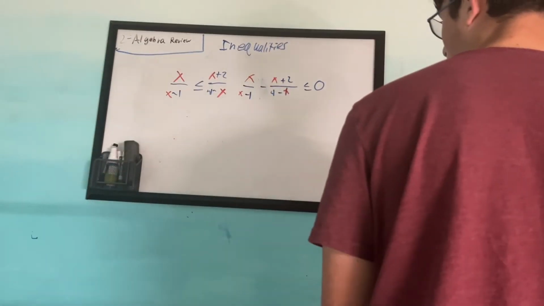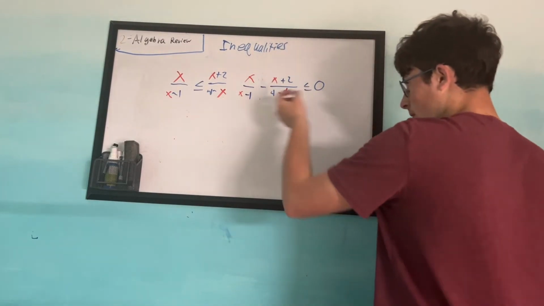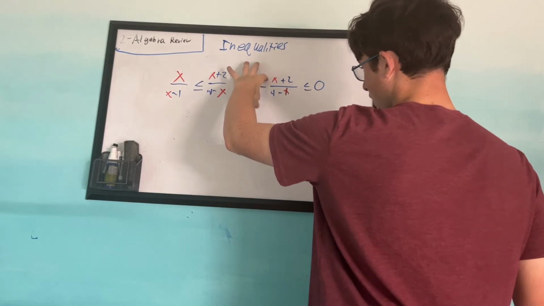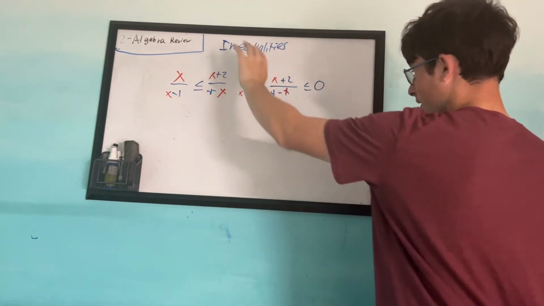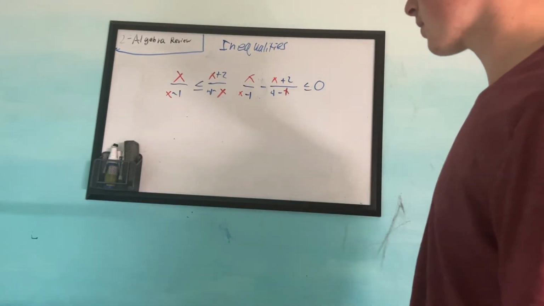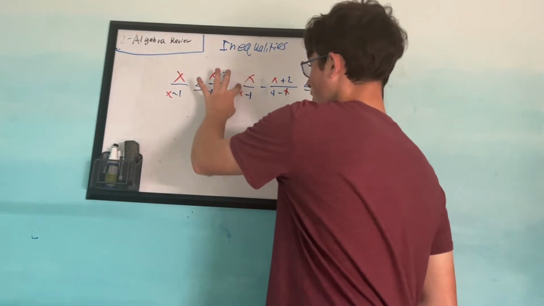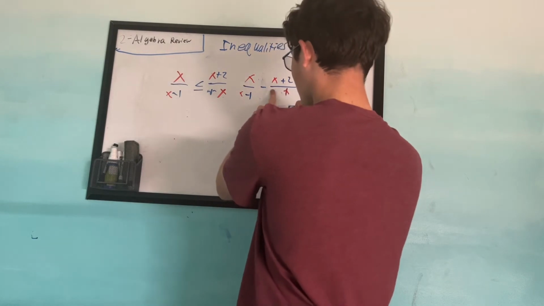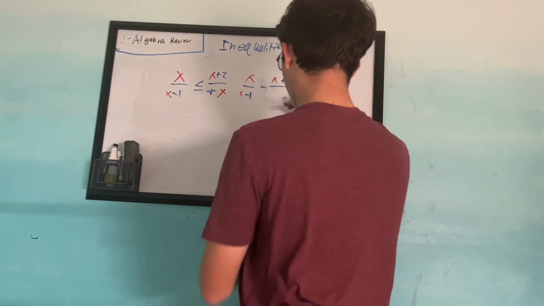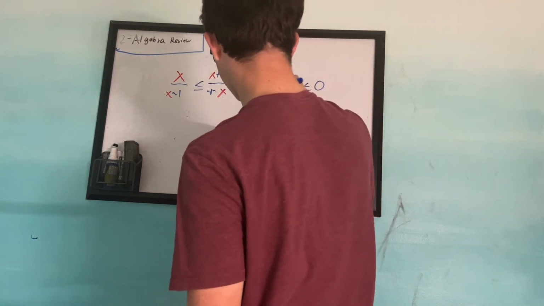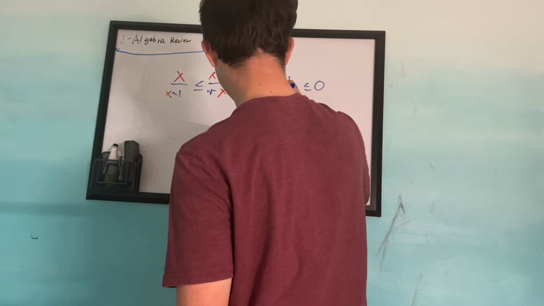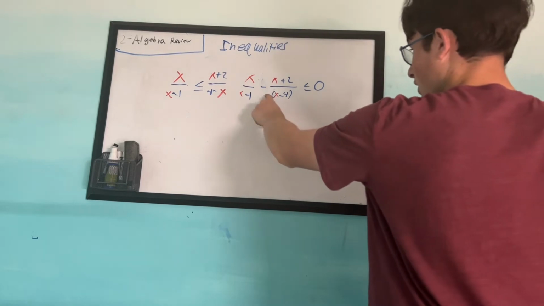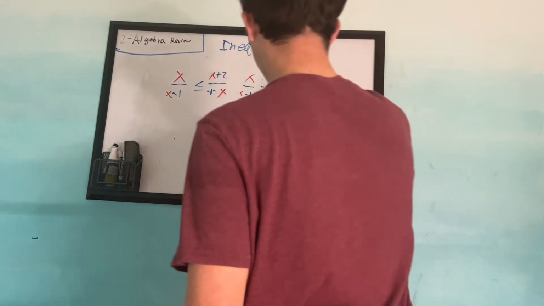And then from this point on, we can multiply this by x minus 1 over x minus 1, 4 minus x over 4 minus x, because we want to get the common denominator. However, we can do a trick right here and replace this with negative x minus 4, and then we can combine these two negatives right here into a plus.